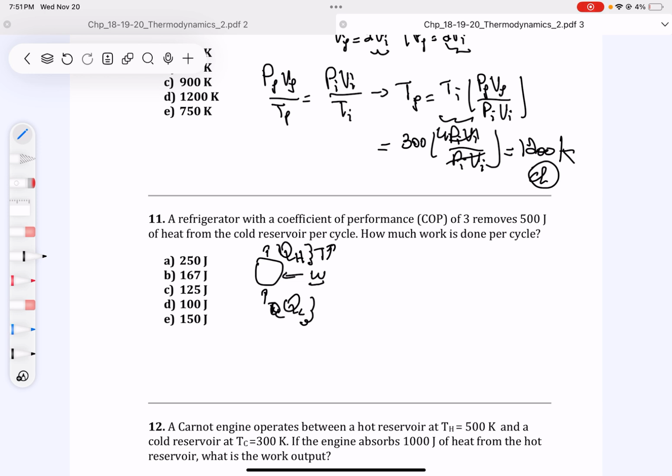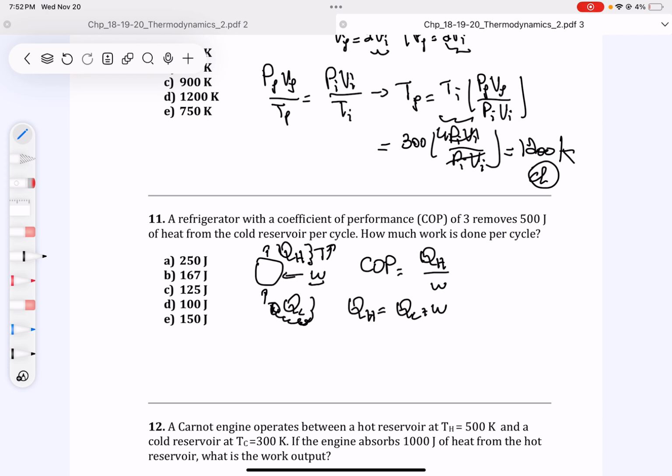Okay. Then, COP is what? The Q of interest for a refrigerator is QC over W. For a heat pump, it's QH over W. But in a heat pump, this is additional information: QH is QC plus W, right?